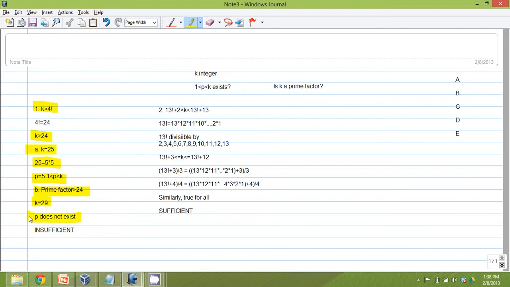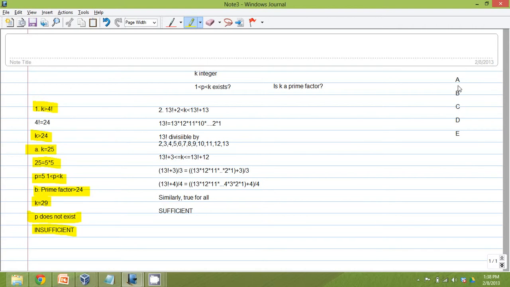Therefore we get two scenarios using this condition, one in which p does exist and one in which p does not exist. So this statement does not tell us enough to confirm whether p exists or not. So this is insufficient. So the moment we find this insufficient, let's pick out the impossible options.